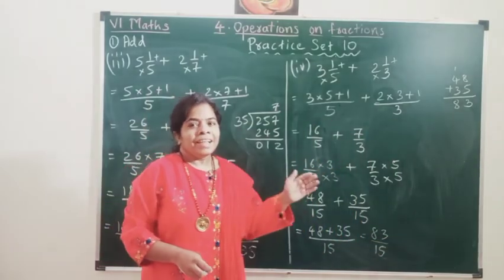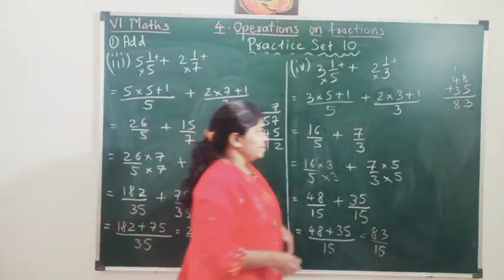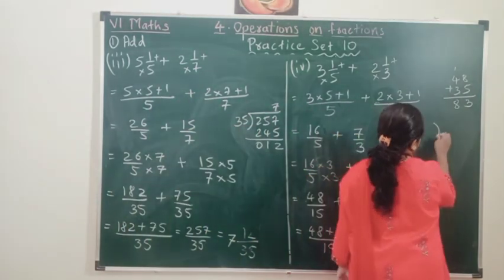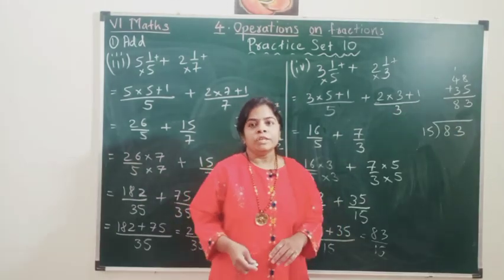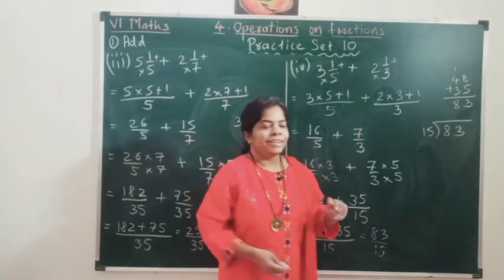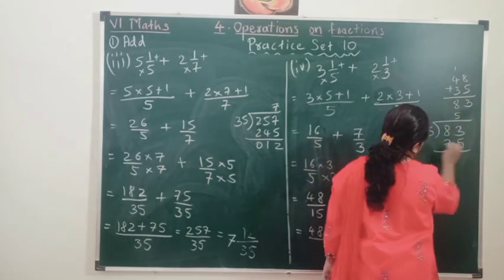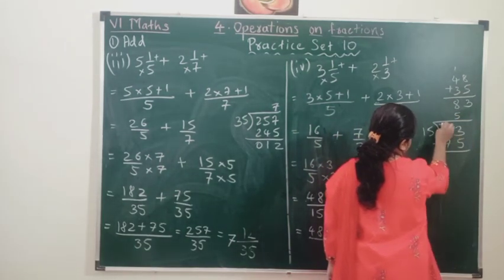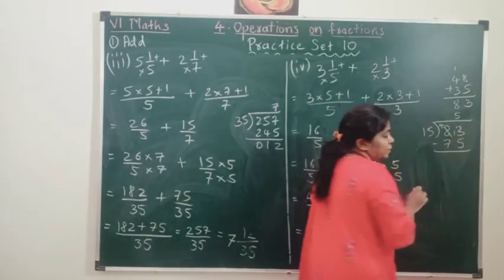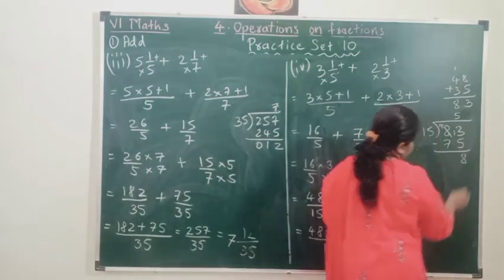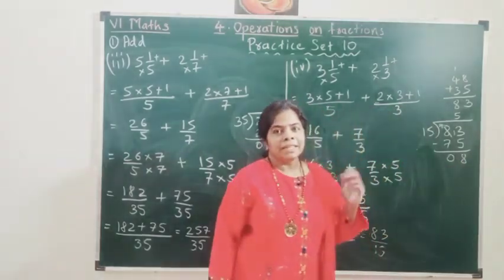Now children, let's convert this fraction into mixed form. Now children, 15 5s are 75. 8 becomes 7, 3 becomes 13, 13 minus 5. 13 minus 5 is 8. 7 minus 7 is 0.